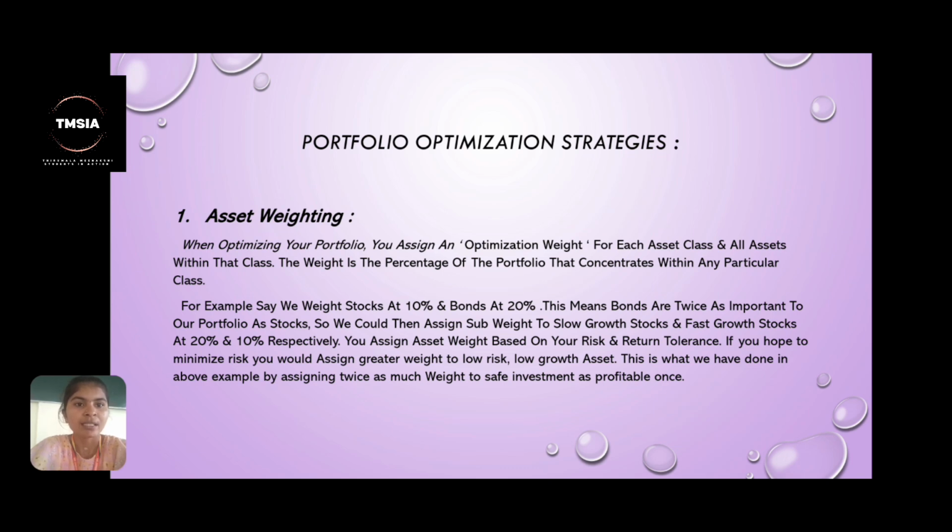So, we could then assign subweights to slow growth stocks and fast growth stocks at 20% and 10% respectively. You assign asset weight based on your risk and return tolerance. If you opt to minimize risk, you would assign greater weight to low risk, low growth assets. This is what we have done in the above example by assigning twice as much weight to safe investments as profitable ones.